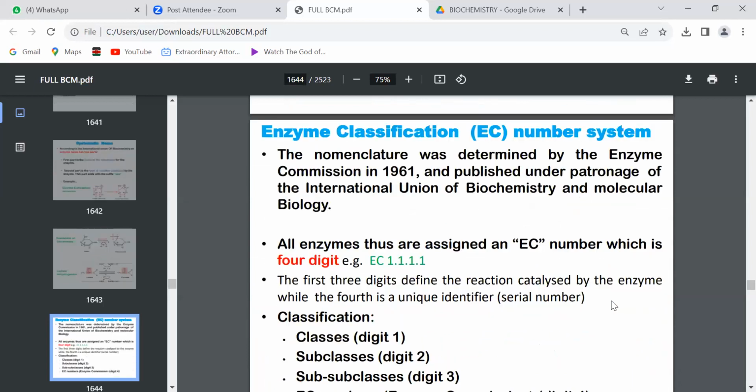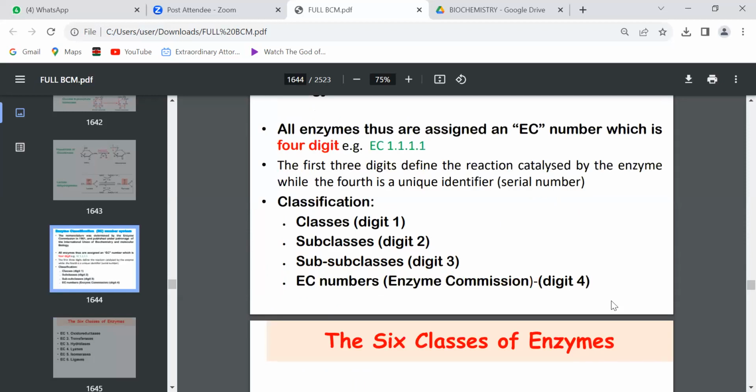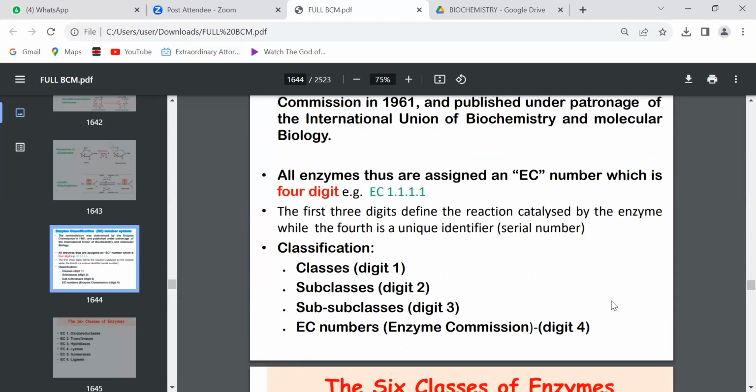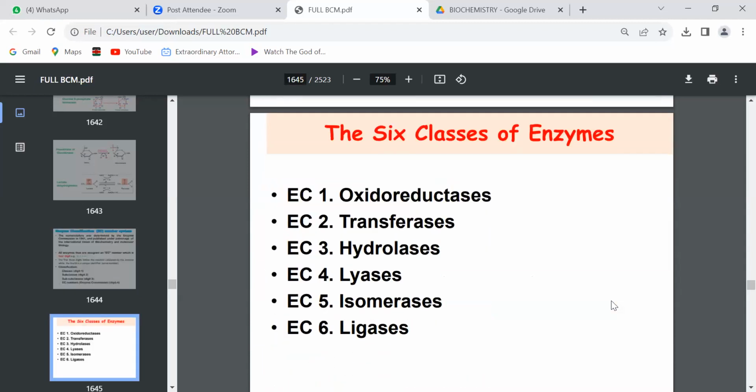Then now the classifications. The classification is based on the type of reactions the enzyme is involved in. The classifications give digits showing a class, a subclass, and such. These are the classes 1 to 6.